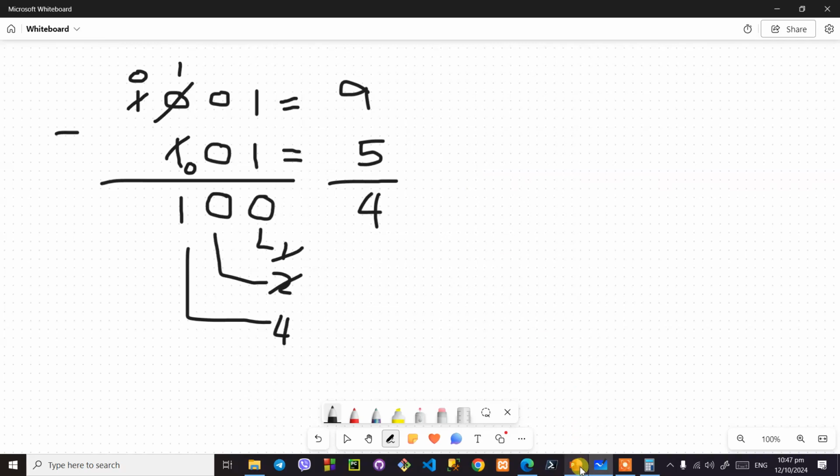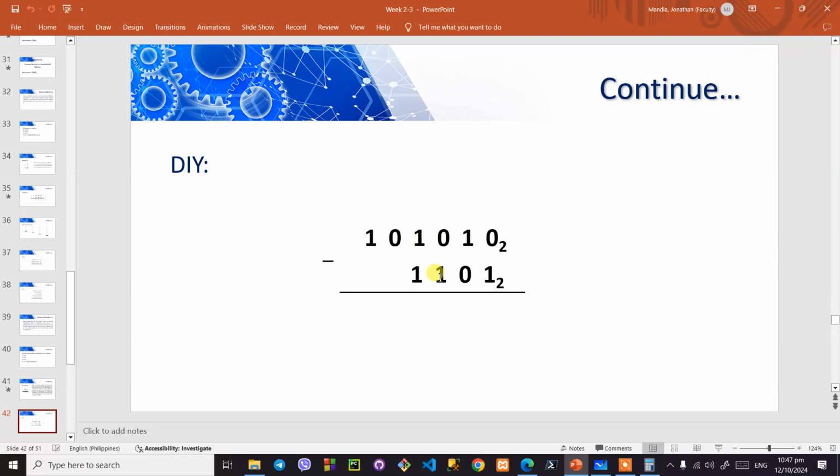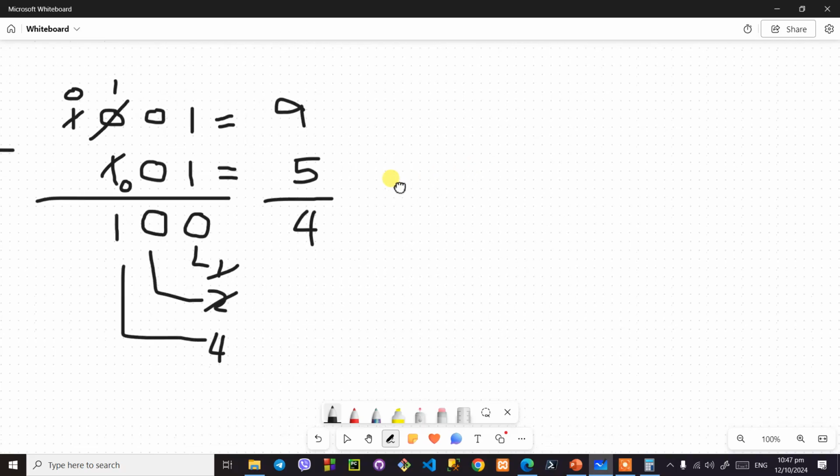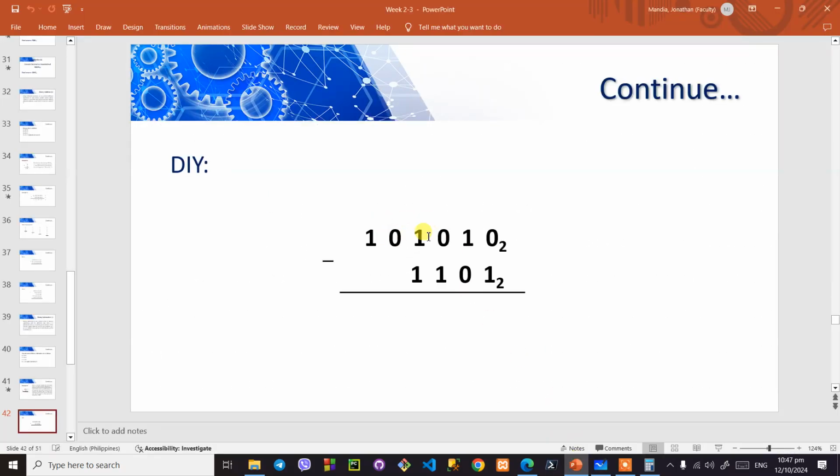Okay? So example, if we have this kind of given equation, so 1, 0, 1, 0, 1, 0, then we have 1, 1, 0, 1. Subtraction. Okay? So ibutang ko sa whiteboard para maintindihan kapag ilang yung result. So we have 1, 0, 1, 0, 1, 0. So tatlo ka pares, no?